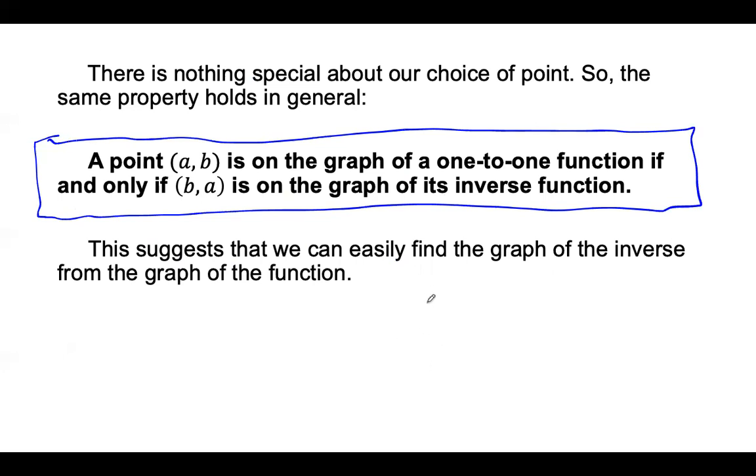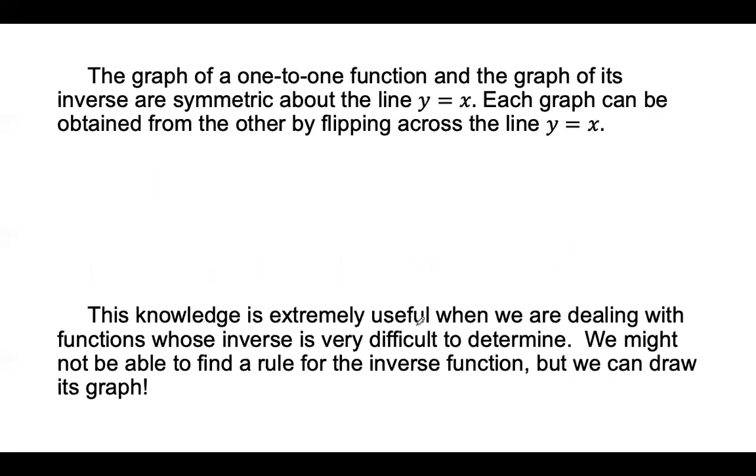So it suggests an easy way to find the graph of the inverse from the graph of the function. The graph of a one-to-one function and the graph of its inverse are, this is the keyword, symmetric about the line y equals x. And each graph can be obtained from the other by flipping it along the y equals x axis.